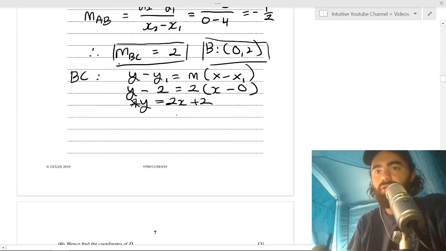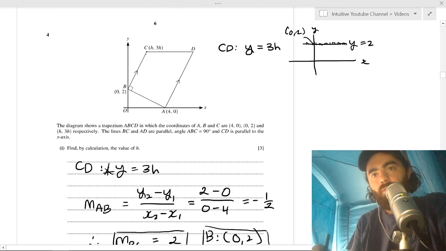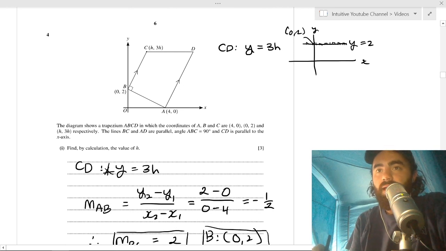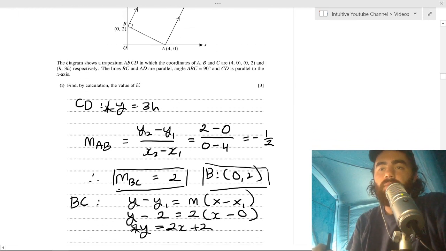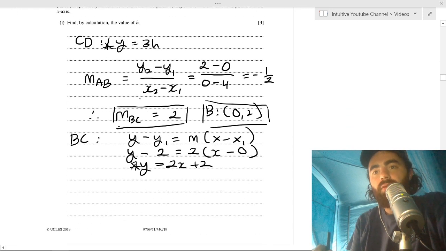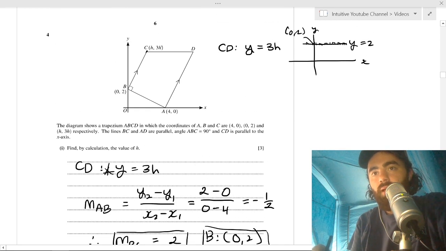So to find h, let's see where these intersect. Or we can just substitute the point in. The point is at h, 3h, and remember that point is on the line BC. That's way easier, because if I substitute 3h in here, I'm still going to have this x, but we actually have another point on that line.